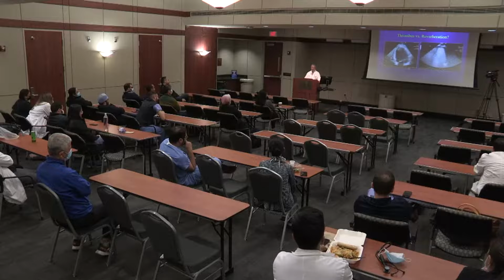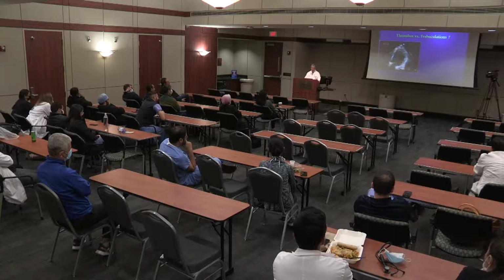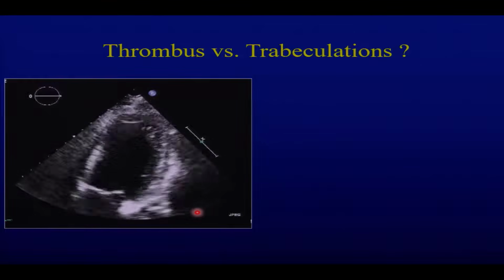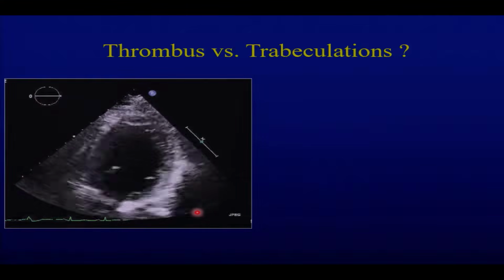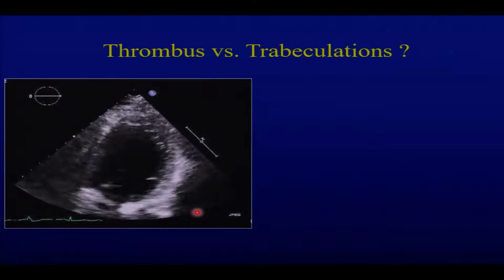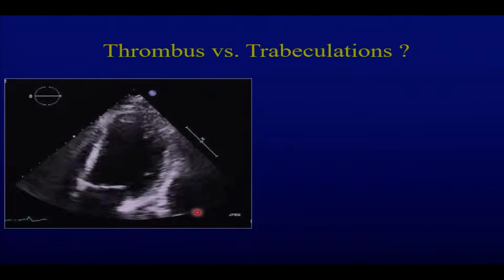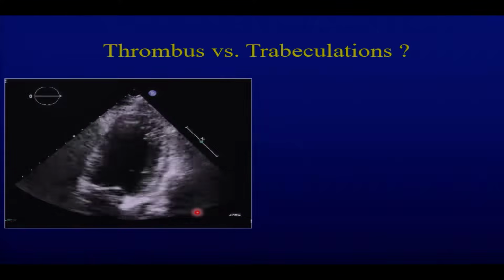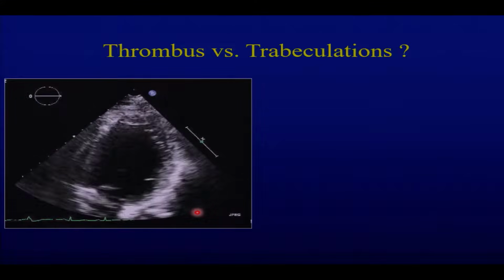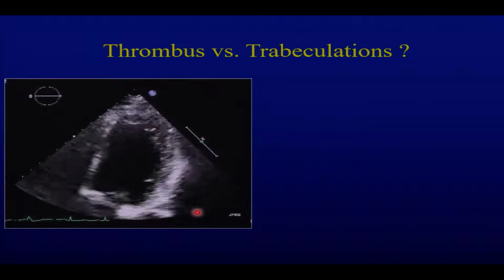And here you go, Sam, that's just for you. No thrombus. How about this one? You may be a good quiz taker. What's unusual about it that says maybe it's not a thrombus?